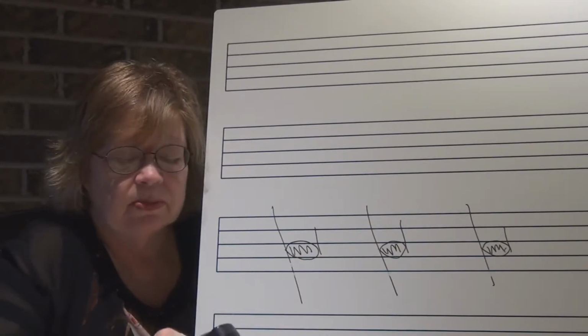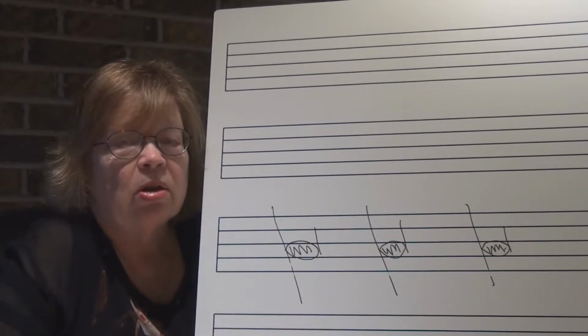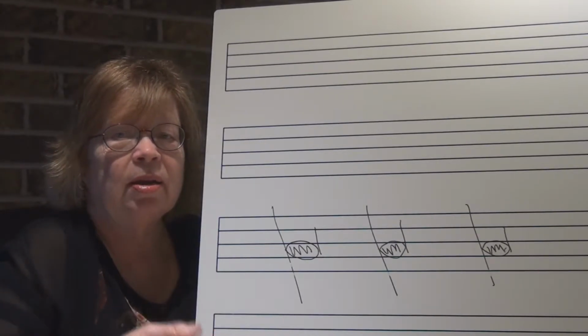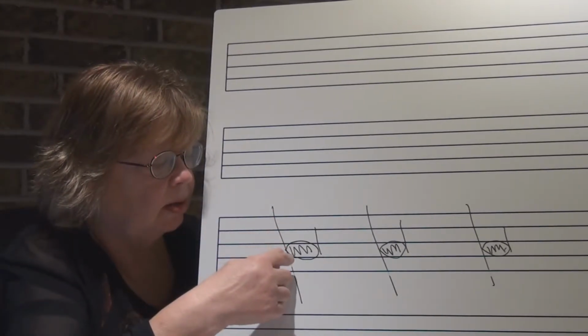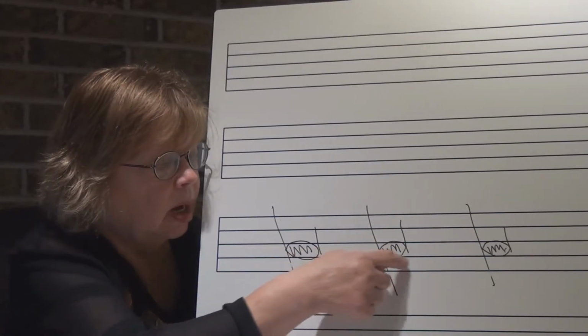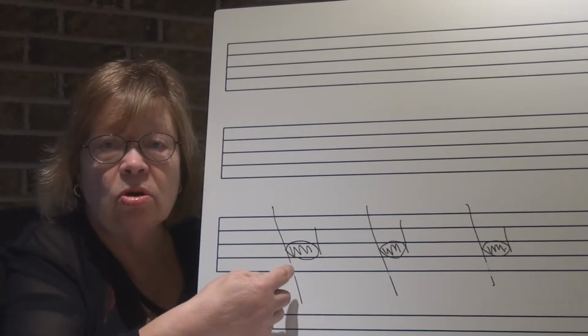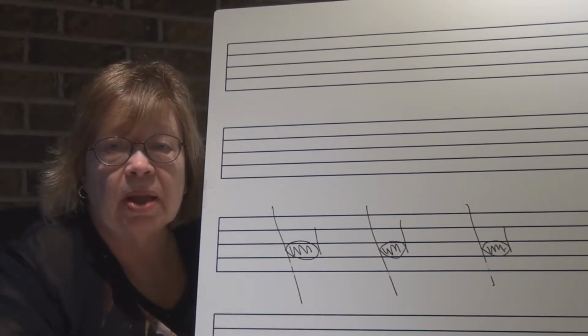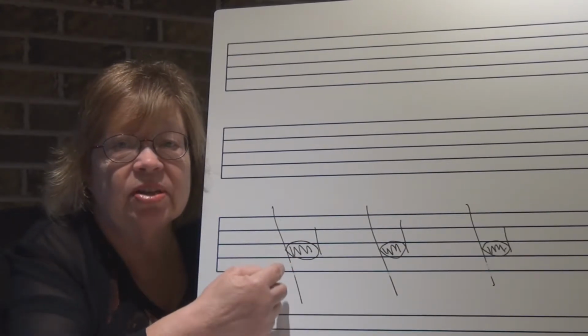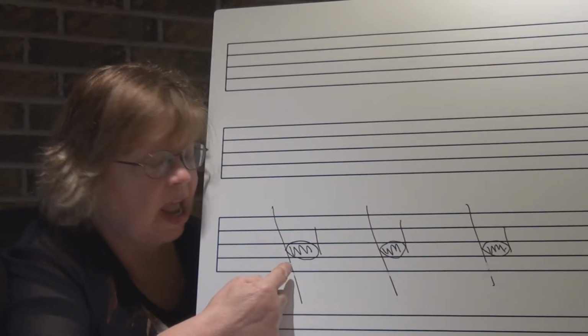In other words, you don't want to hear click and then play. You don't want to hear ba, ba, ba. That's wrong. The sound that you're playing should be at precisely the same time as the click.